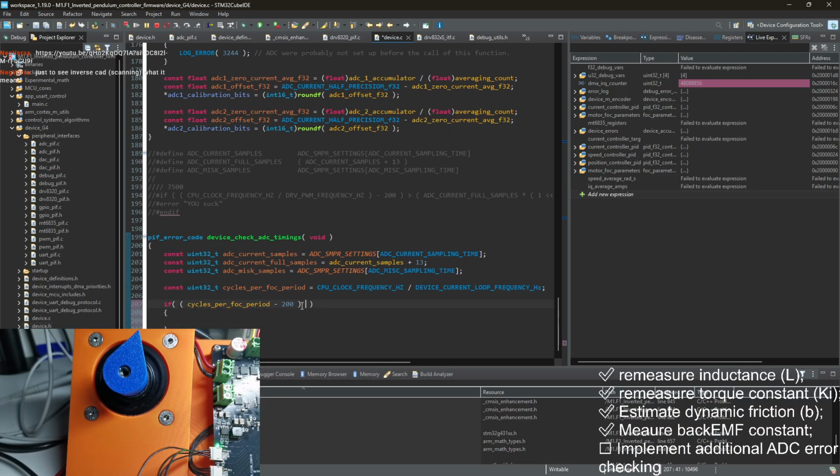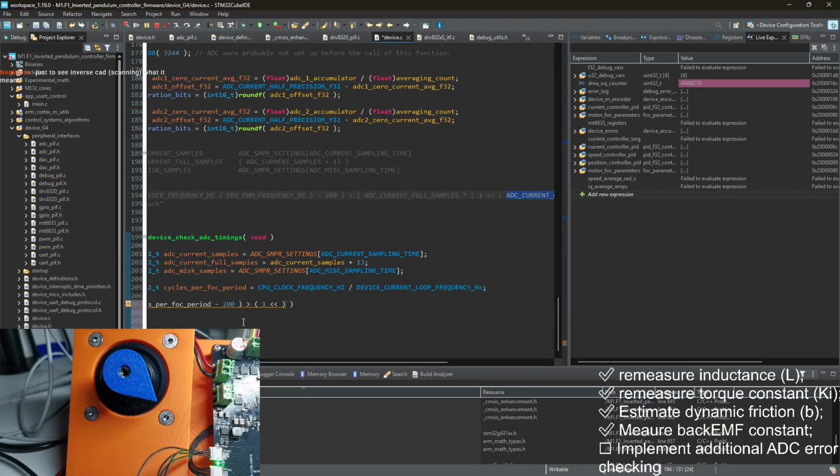And this should be bigger than what? Then, one left shift by this value multiplied by what specifically?